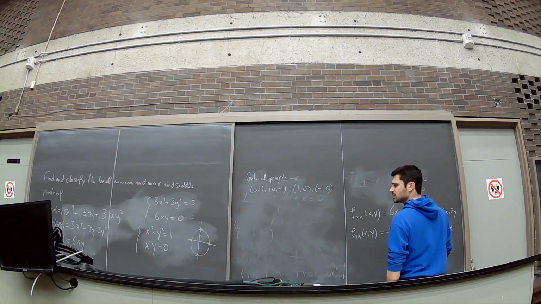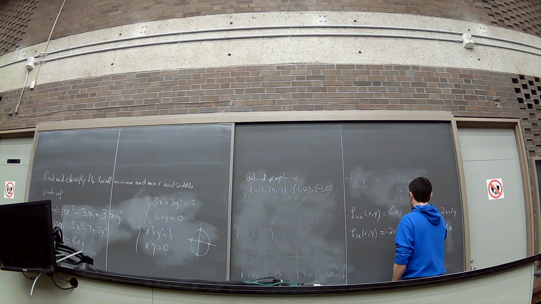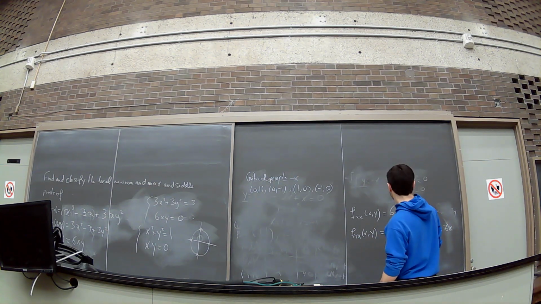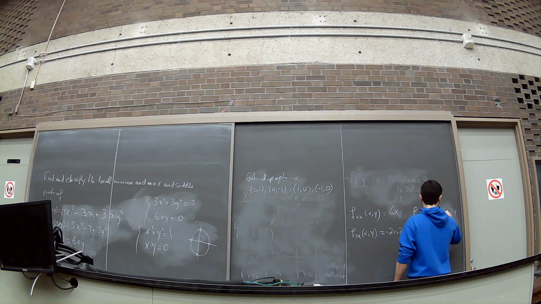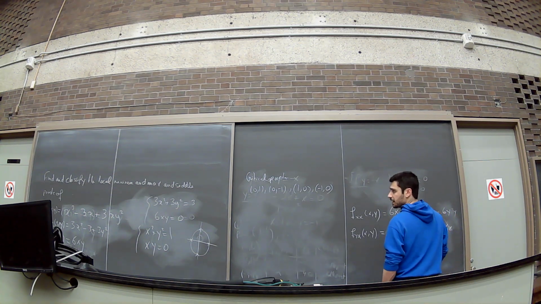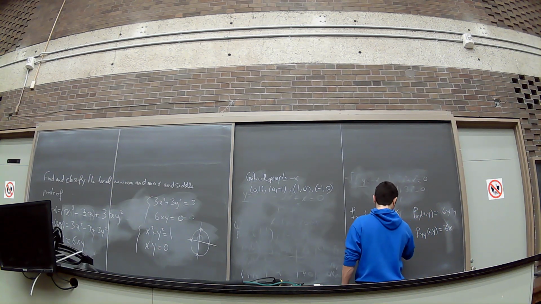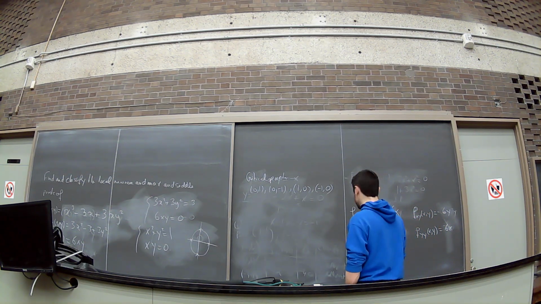What is fxy? Differentiate, well let's do it properly. It's 6y. And what is fyx? It's also 6y, right?